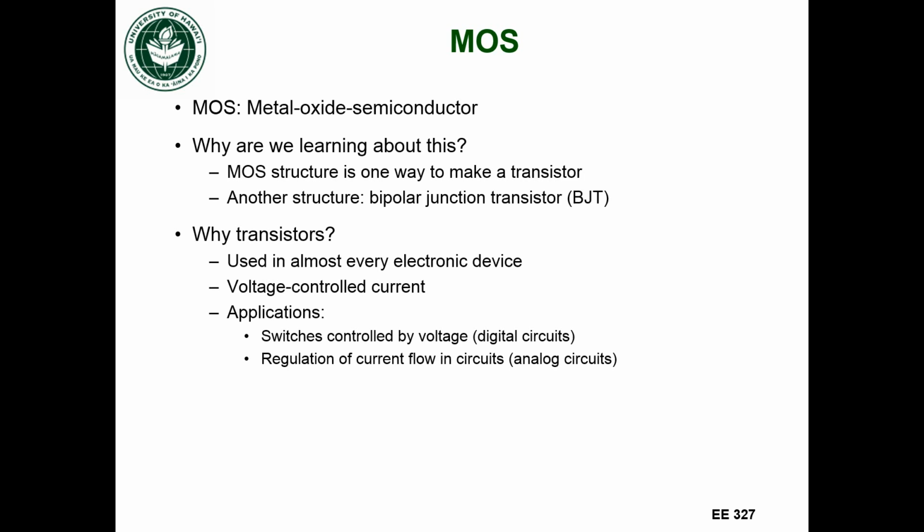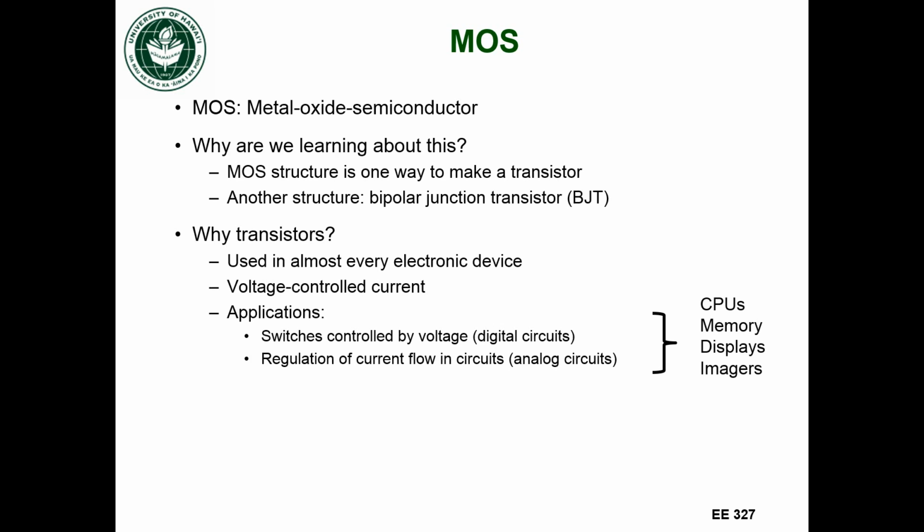We can use transistors to make amplifiers as well. So all of these things correspond to things like CPUs, memory, displays, imagers. All of these are going to use transistors. I didn't write down amplifiers, but that is another application of transistors as well.